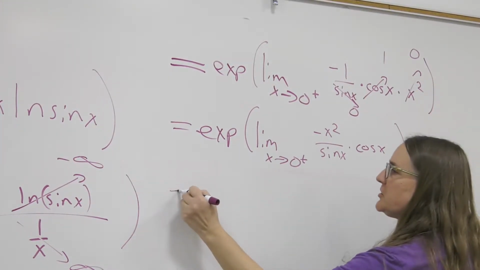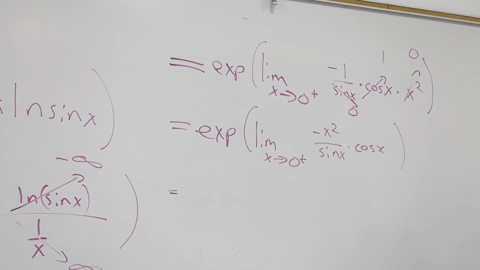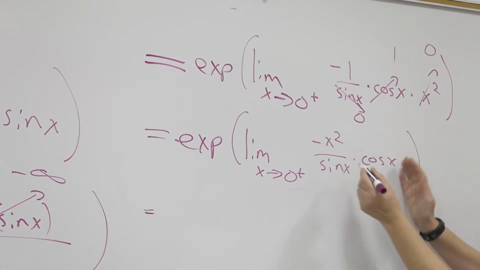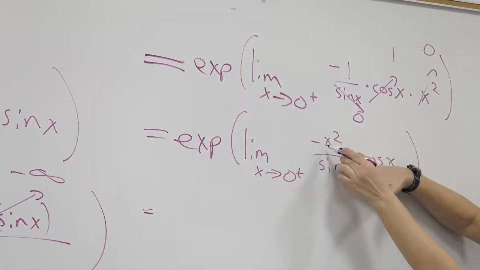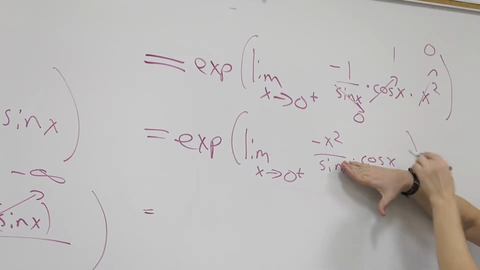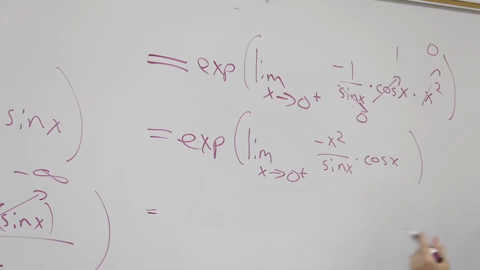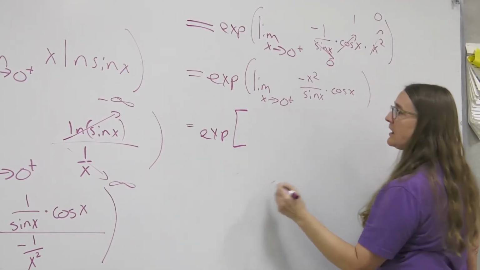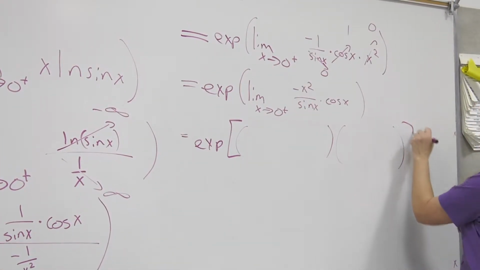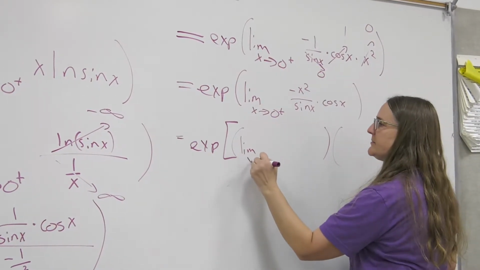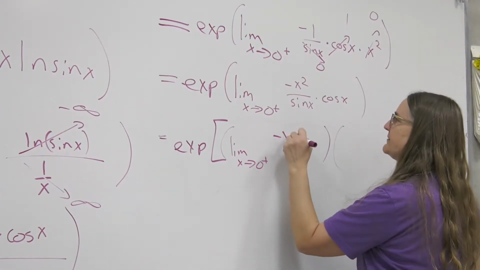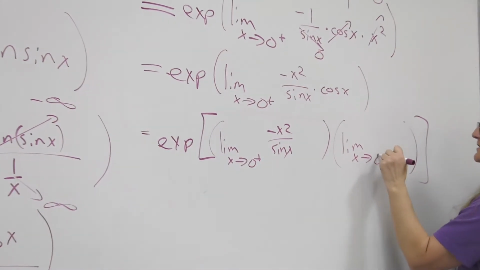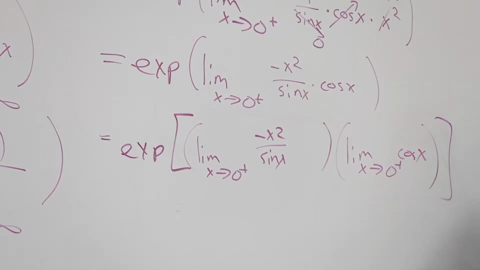Okay. So what I'm going to do is, rather than apply L'Hopital's rule to this whole thing, which I could do, but then I'd be thinking of this as one fraction where the top was negative x squared times cosine, and I'd have to use product rule and all of that, I'm going to just split this up. I'm going to say this is exp of, I've got a product. I'm going to take the product of the limits. The limit as x goes to 0 from the positive side of negative x squared over sine x times the limit as x goes to 0 from the positive side of cosine of x.